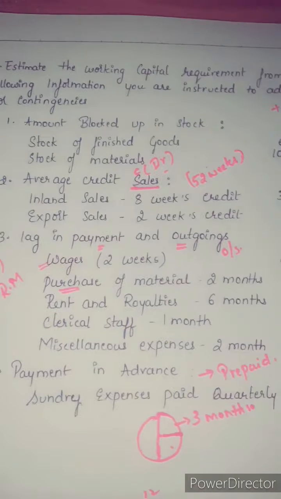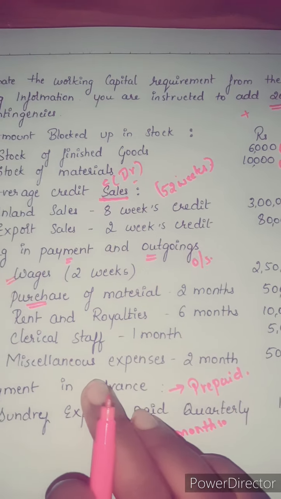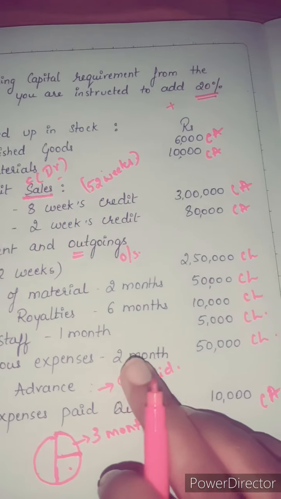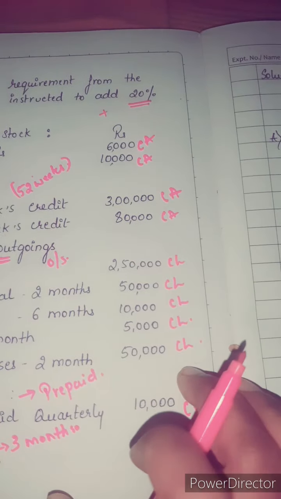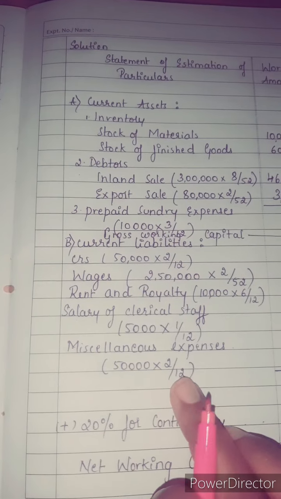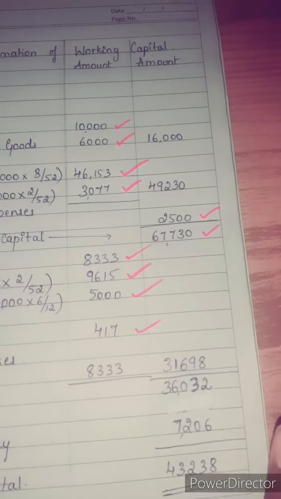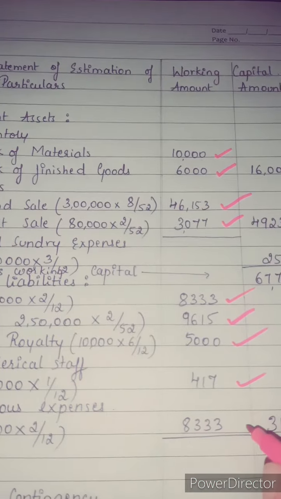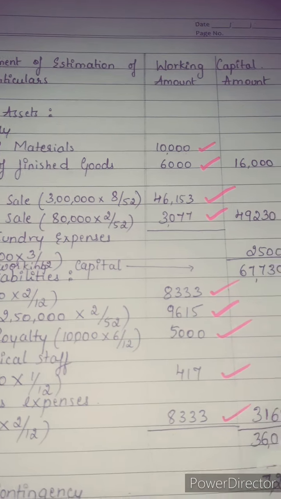Last item, miscellaneous expenses outstanding for 2 months, 50,000 into 2 divided by 12, that is equal to 8,333.